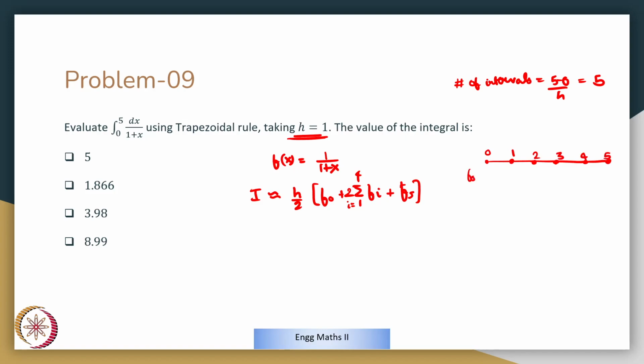And we have got f of 0 equals 1, and the values are 1, 1 by 2, 1 by 3, 1 by 4, 1 by 5, 1 by 6, and this essentially gives the integral the value of half of 1 plus twice of 1 by 2 plus 1 by 3 plus 1 by 4 plus 1 by 5 plus 1 by 6.